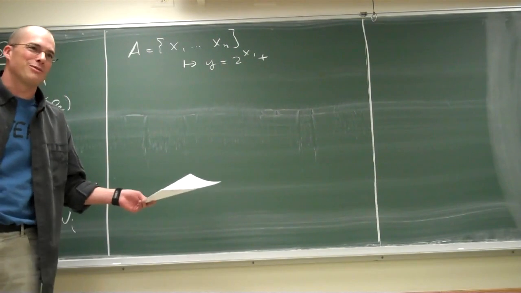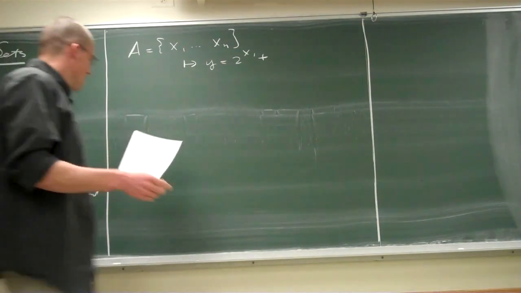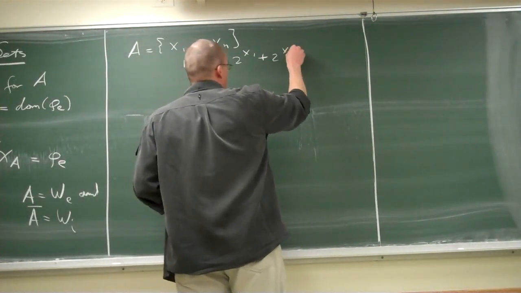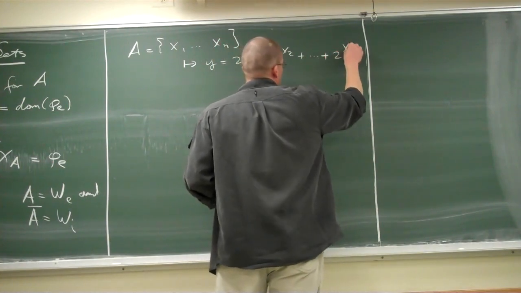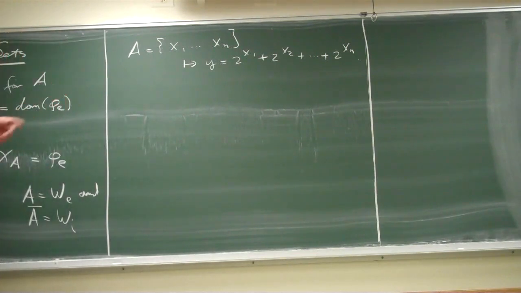Reasonable is of course a fuzzy word, but I have nothing better to offer at this point. So certainly this is one way of having finite sets be represented by natural numbers.